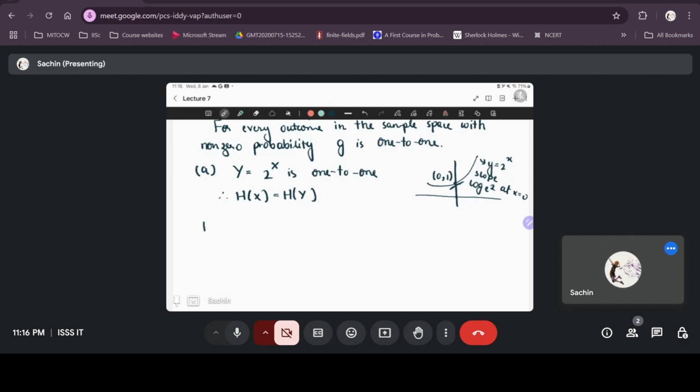Y is equal to cos x is not necessarily one to one, depending on what values script x can take, what values script x has.